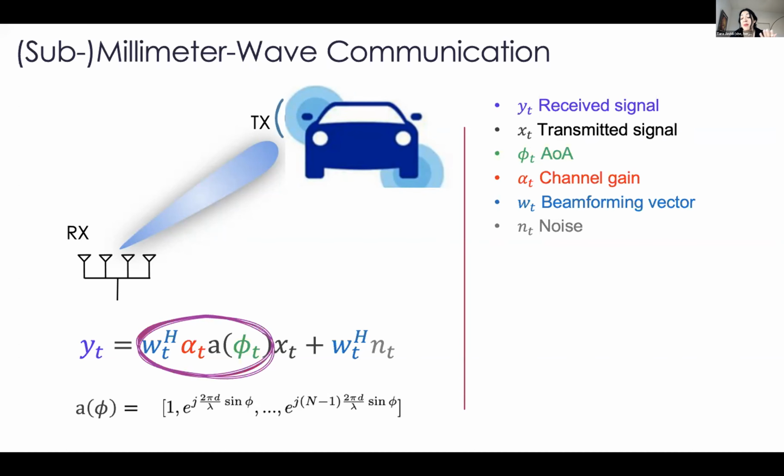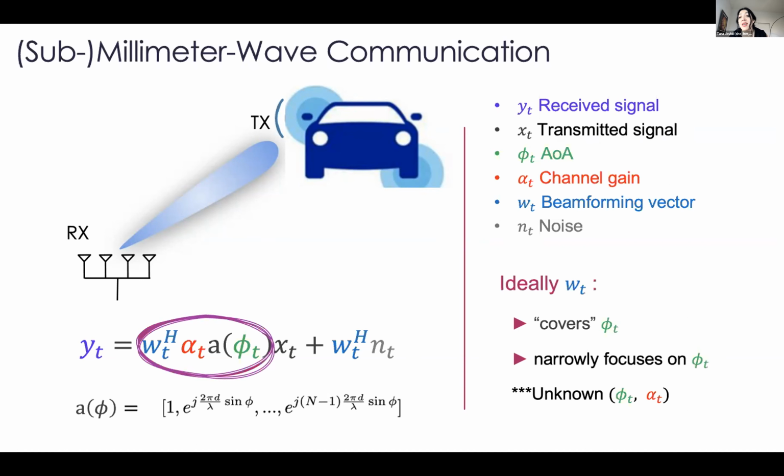So I have this beamforming gain that I can play with, and ideally I would like my beamforming weights to do two things. If they cover the angle of arrival, I can capture the signal, so my signal strength will go up. And from a communication perspective, I would like this beamforming to be so narrow as to focus the energy.